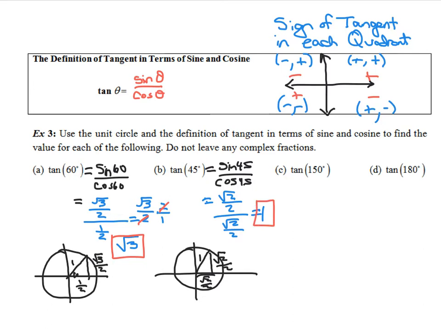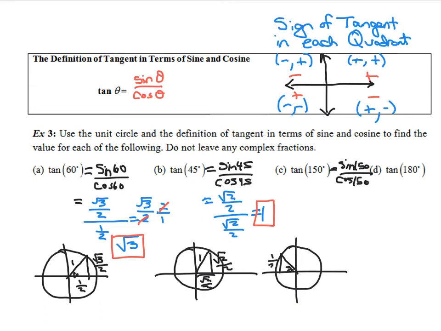Let's go to 150 degrees, so that means that I need to know the sine of 150 divided by the cosine of 150. So making my unit circle, this time 150 degrees is in quadrant number 2. So that puts a 30-degree angle right here.